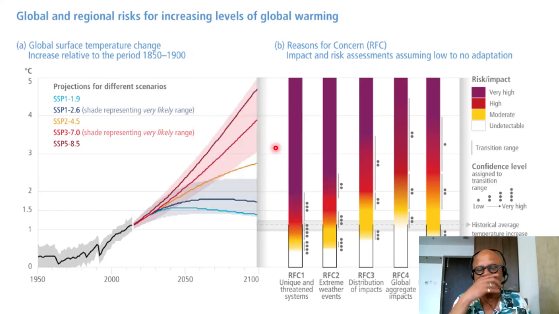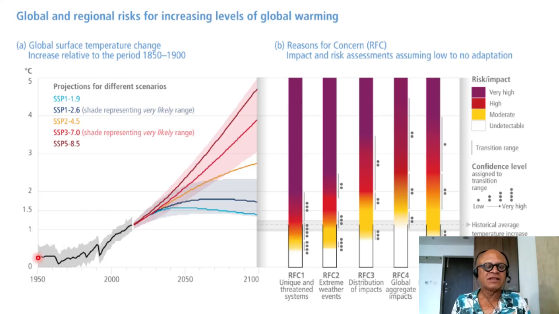Okay, so how does the IPCC's latest report depict these risks? We read a bunch of things, examples from the tables. So here let's look at global and regional risks for increasing levels of global warming. Global surface temperature change increase is relative to the period 1850 to 1900, which is used as a baseline.